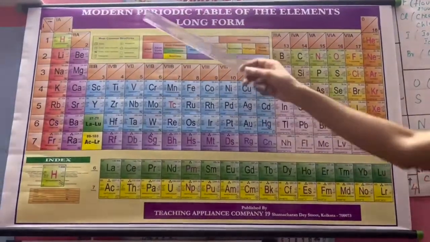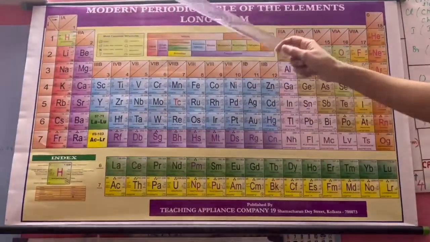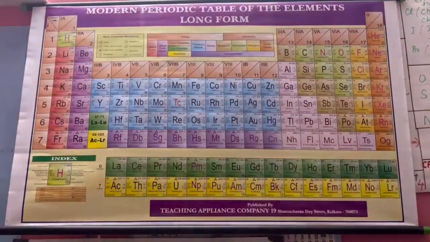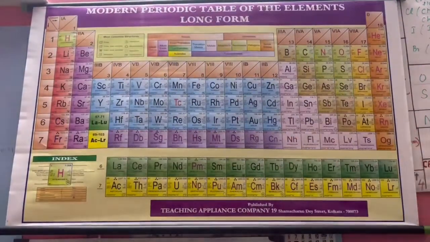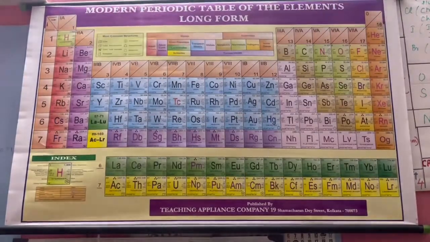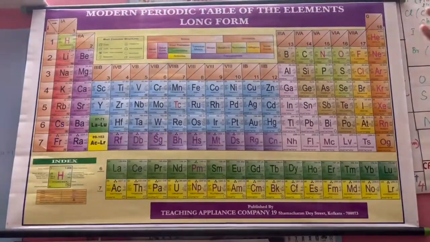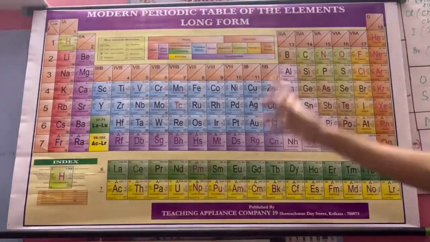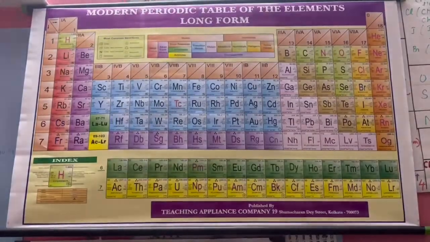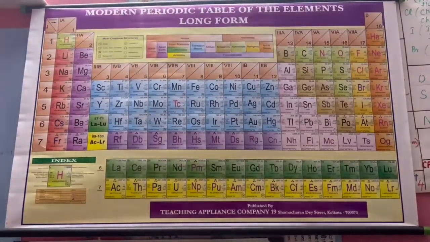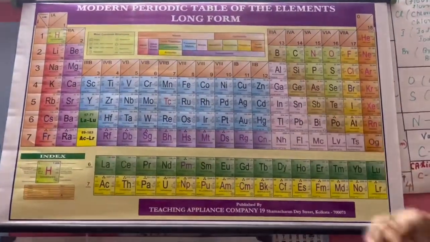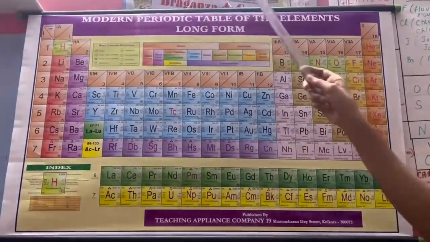For example, if we take group 1, in group 1 we have hydrogen, lithium, sodium, potassium, rubidium, cesium, and francium. They have a lot of things in common. The most important common factor about these elements of group 1 is that all of them have valency 1, and they are all metals, definitely, except hydrogen.